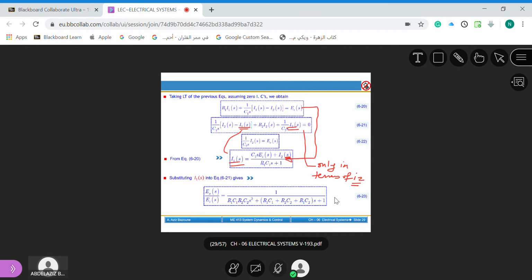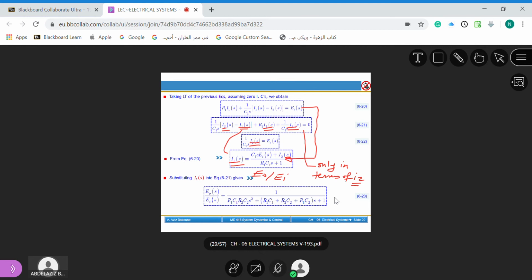And this is I2, this is I2, and here I1 will be I2, as you can see here. Taking the ratio of E naught over EI will eliminate I2 with I2, and this will give you the transfer function, which is in this form.